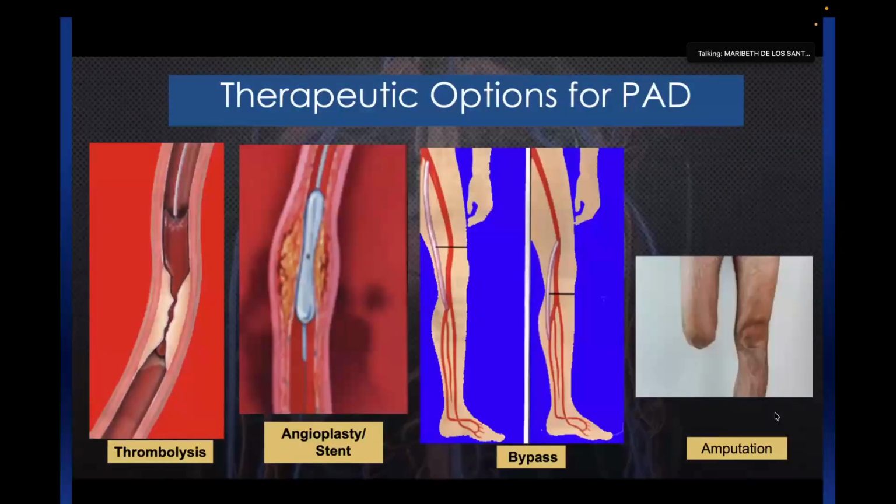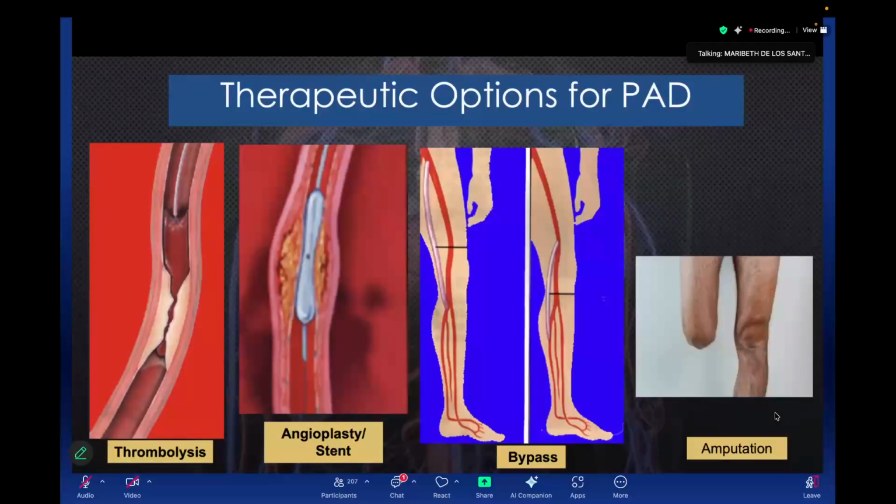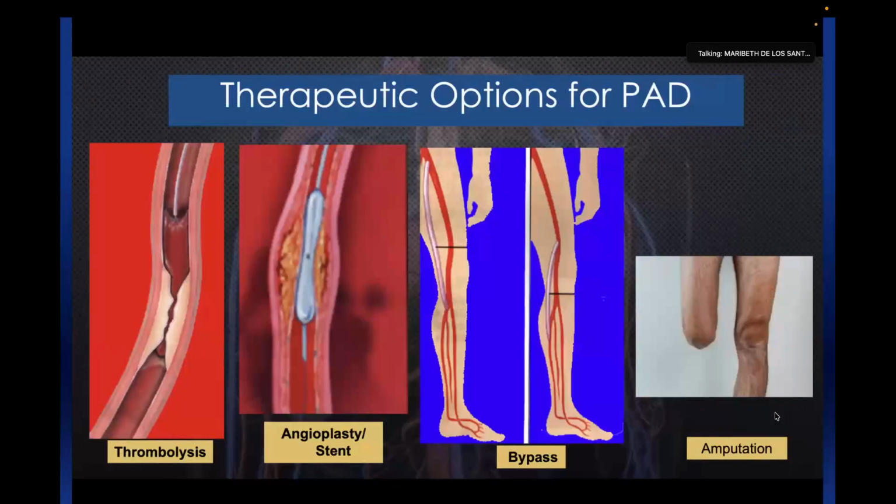So these are the therapeutic options for PAD. These are the different revascularization modalities in order to improve or increase the flow of blood to the lower extremities to promote wound healing and decrease the risk of amputation. So we have thrombolysis, because it can lyse the blood clot which occludes the flow of blood. No?